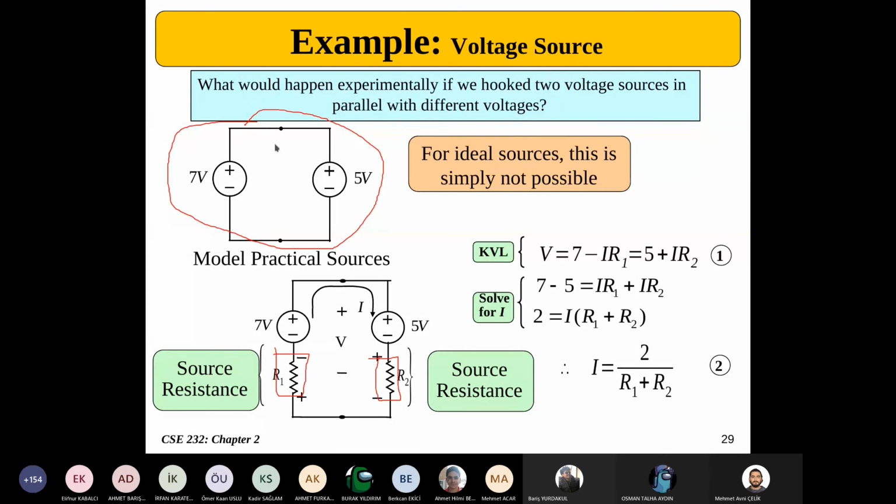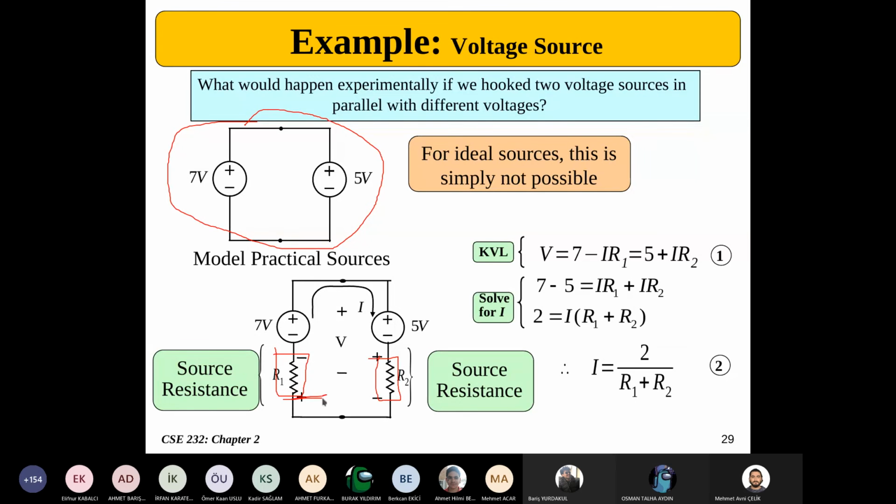So if you put two batteries having different voltages on them and just connect them in parallel with each other, you'll see that it works. It's not invalid. That is due to the internal resistivity of each component in here.